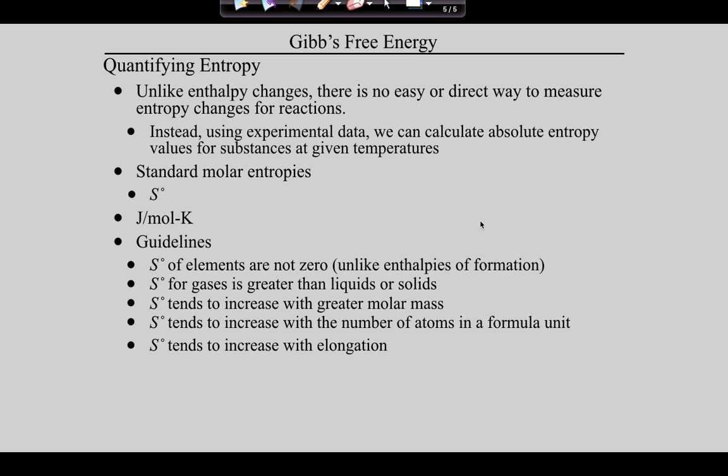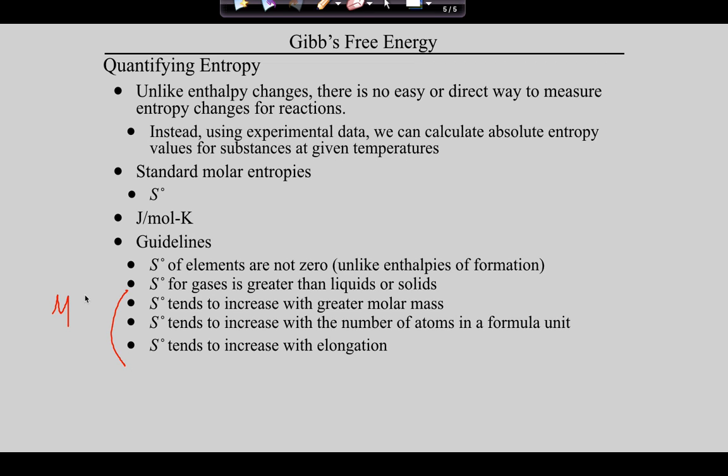And then, guys, finally, this one. This is a little thing I like to call question number 6, right? Remember how we talked about N-pentane and neopentane? That was a precursor to this, that entropy tends to increase with elongation. So guys, let me just lay this out for you.